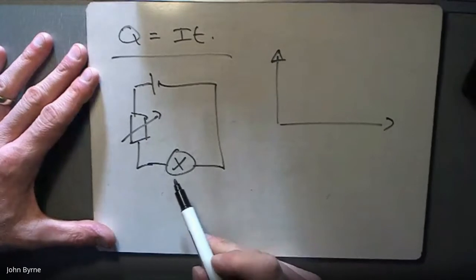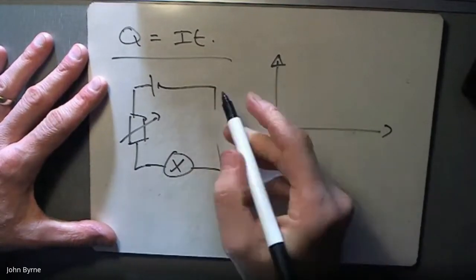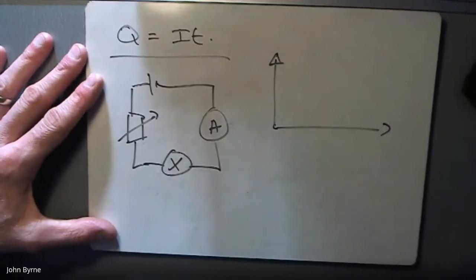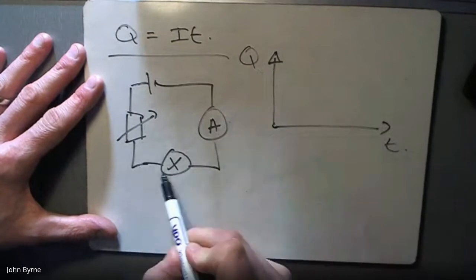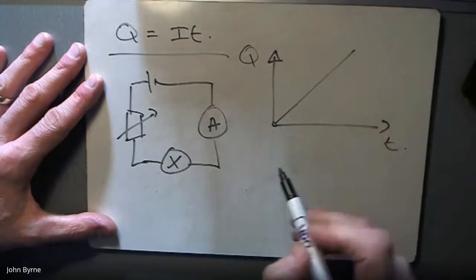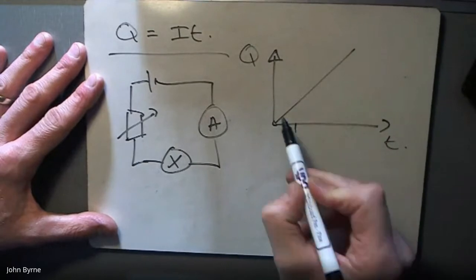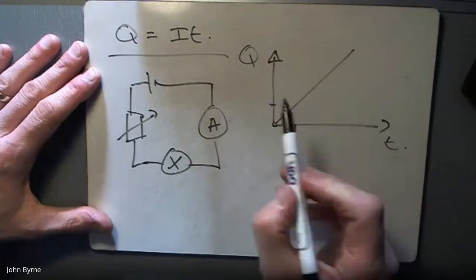Okay. Then, if we had a fixed amount of current in there, we'll measure the current with an ammeter. Then, as time goes on, if we measured the charge that flowed through that bulb, we'd get a graph like that. So for 1 second, we might get a certain amount of charge, let's say 10 coulombs.